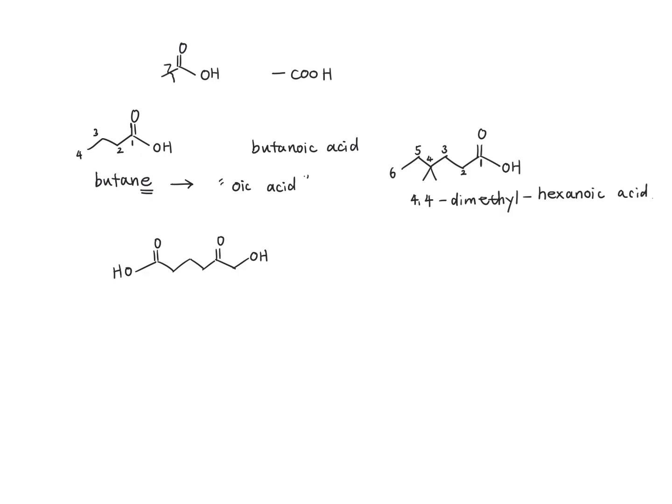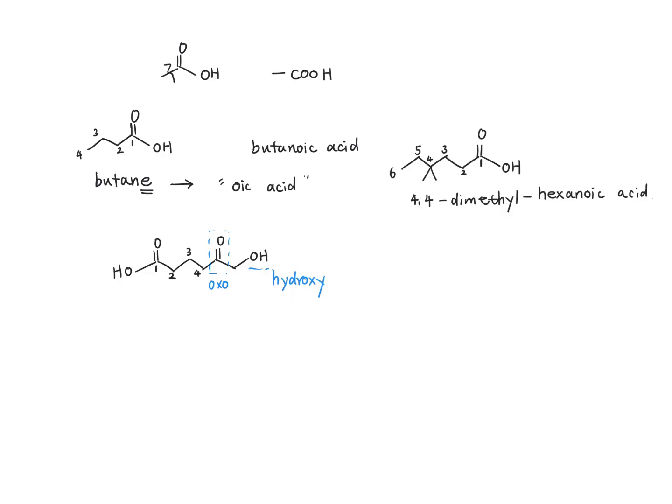Then the other functional groups will be substituents. For this ketone right here, we call it an oxo group. And the OH group, we call a hydroxy group. So now we put all these functional groups as substituents inside the name. For naming a carboxylic acid, the carbon of the carbon-oxygen double bond in the carboxylic acid will always be 1.